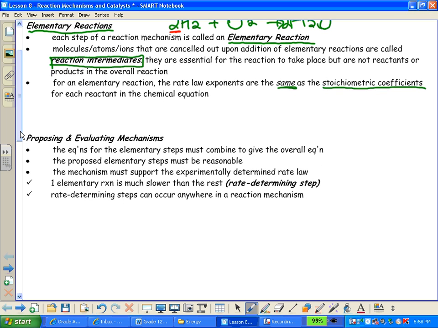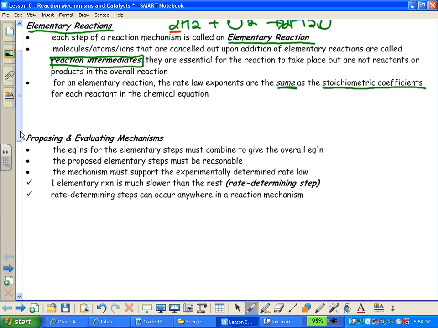Using what we've learned from before, we're going to actually pose and evaluate mechanisms. So for the equations for the elementary steps, one of the things you need to find is that the equations for the elementary steps combine to give that overall equation, and that's where we're talking about Hess's law again. So if we cross everything off on both sides, are we going to get the reaction that we're looking for? 2, is the proposed elementary steps reasonable?